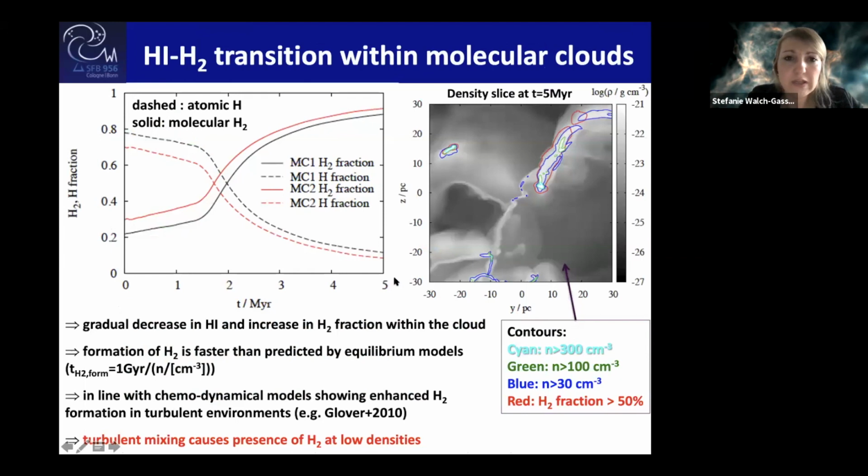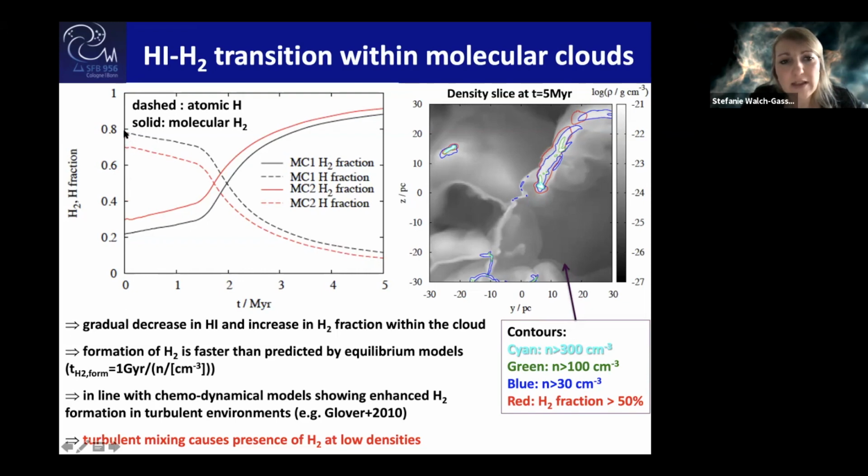If you now try to understand how the molecular clouds really form as a function of time, I show you here the molecular hydrogen and atomic hydrogen fraction as a function of time. Time 0 is from when we allow the code to adaptively refine.